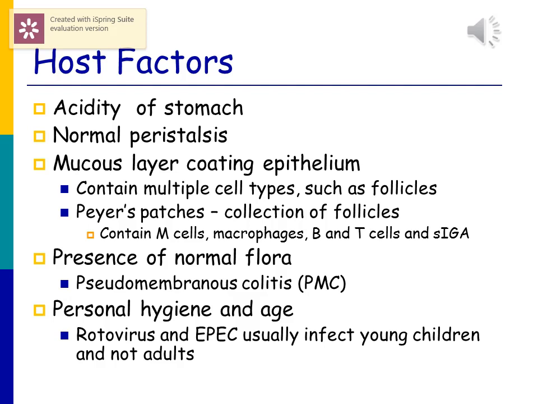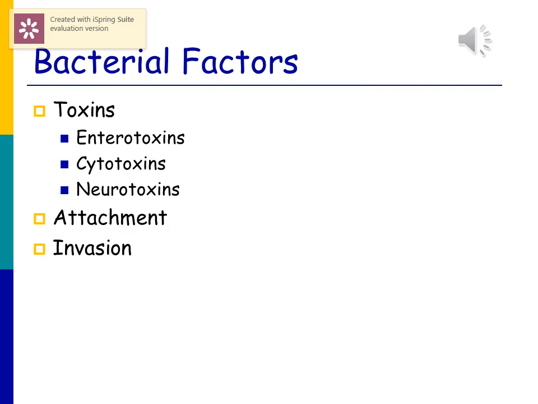You also have to consider personal hygiene and age. There are certain organisms that are going to be more common in specific age groups. So rotavirus and enteropathogenic E. coli tend to infect young children as opposed to adults. You also have to consider the factors of the bacteria.